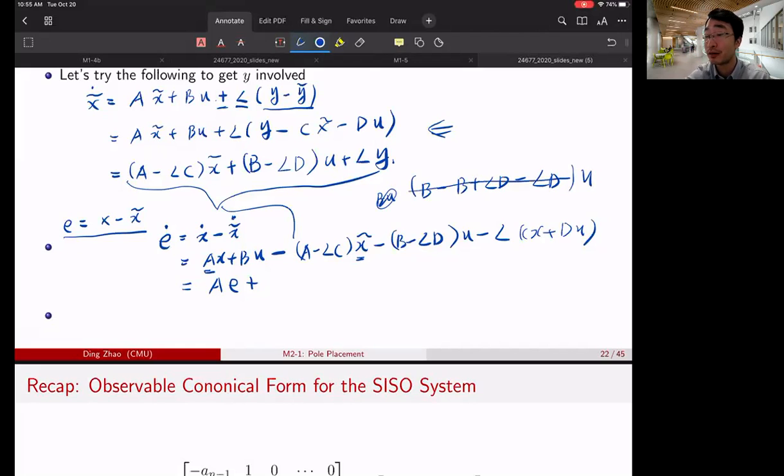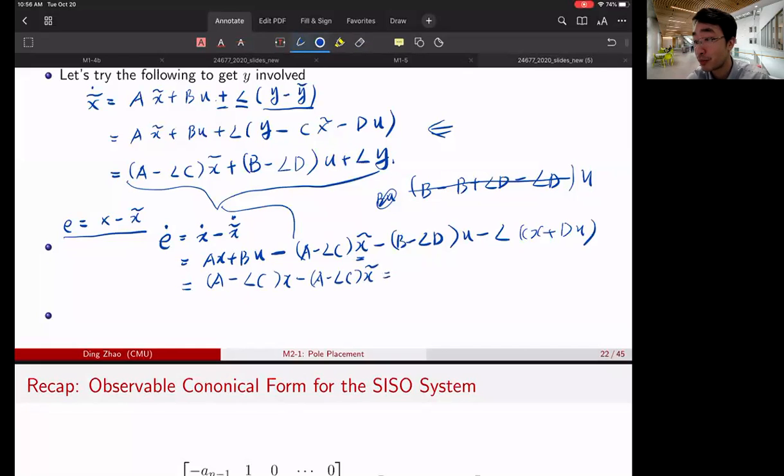So how about everything about x? That will be A minus LC times x. And how about x tilde? That's minus (A minus LC) x tilde.